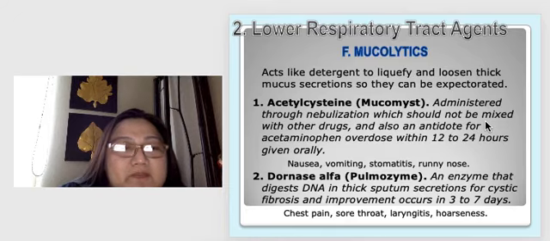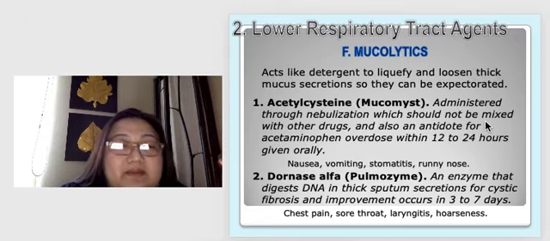Kahit wala namang impeksyon, sadyang malapot yung respiratory mucus ng mga batang pinanganak na may cystic fibrosis. At dahil dyan, very prone sila sa infection or pneumonia. That's why may very poor prognosis ang may cystic fibrosis. And usually they die because of repeated pneumonia.